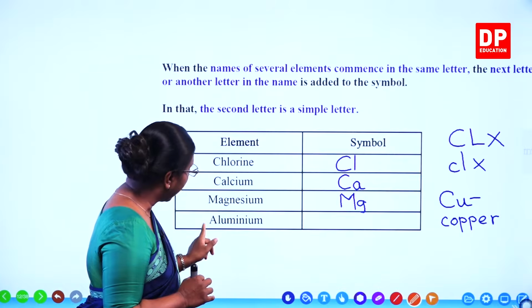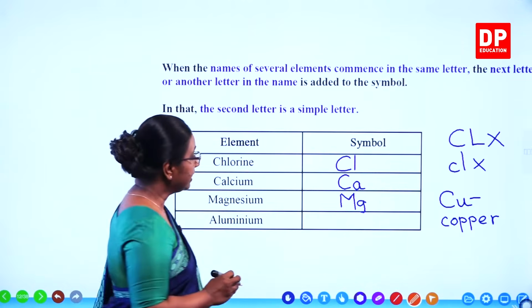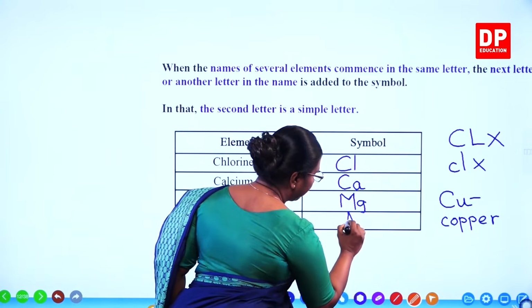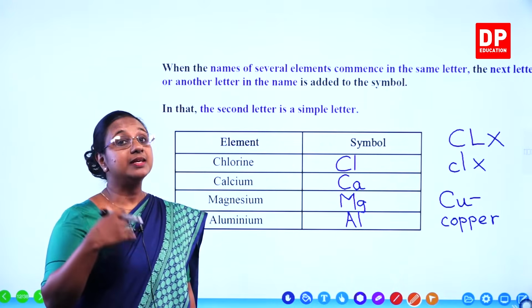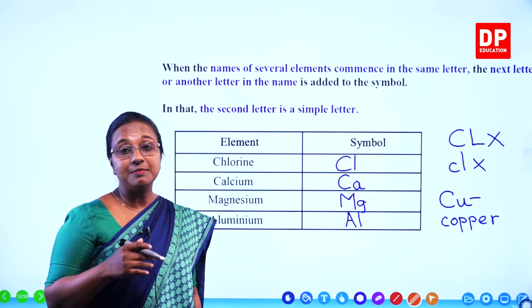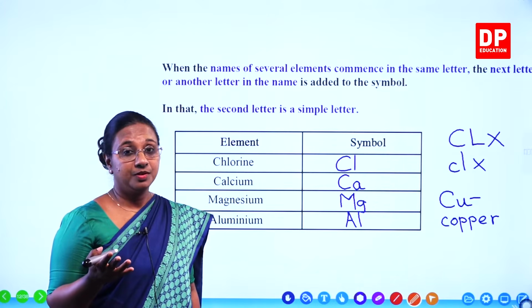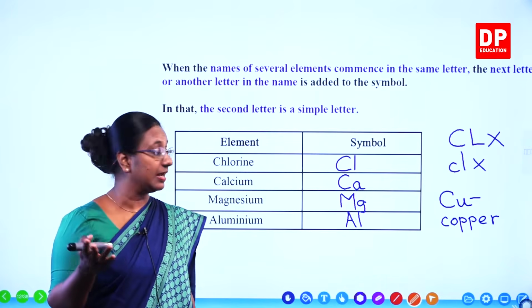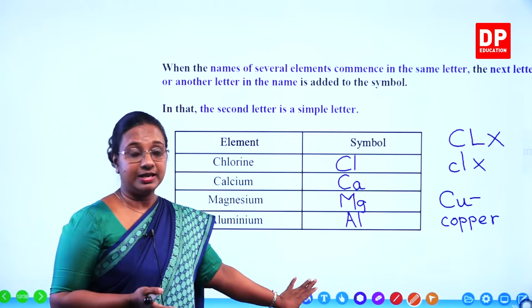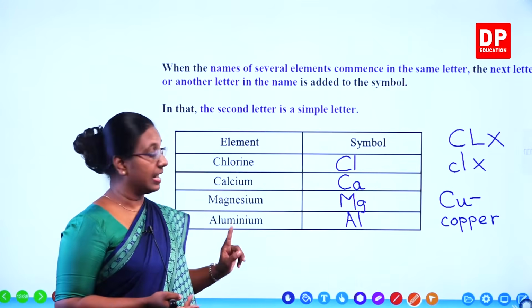Then the next one, aluminium. That is given the symbol capital A and simple L. Aluminium. Because argon is another element that starts with A. So since there are more than one element starting with the same letter, we use 2 letters. Chlorine, Cl.